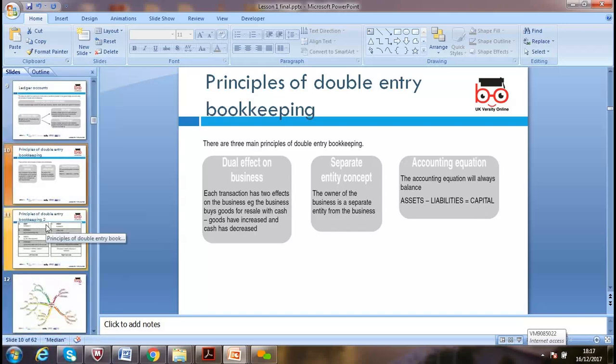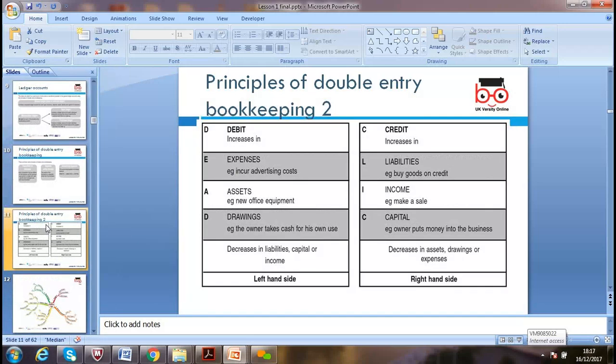Next, we're looking at the principle of double entry bookkeeping. To remember it simply, we use the abbreviation DEADCLIC. D stands for debit, increase in debit. When expenses increase, we debit in accounts.